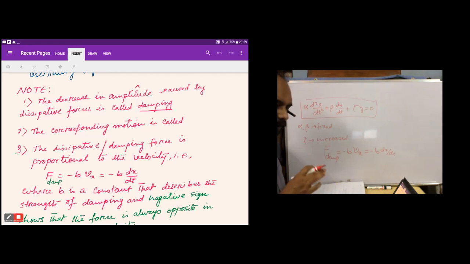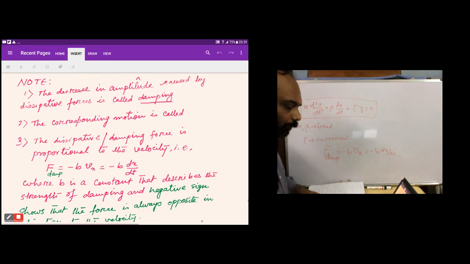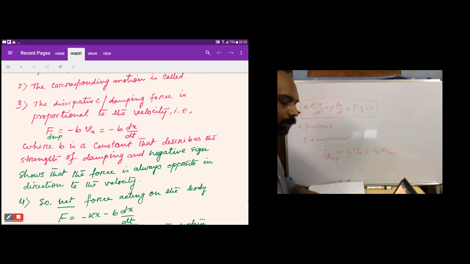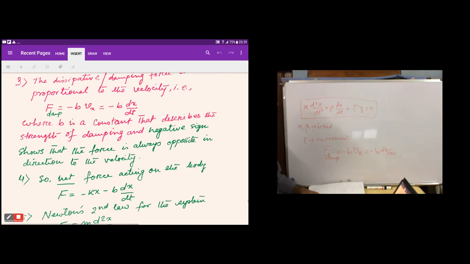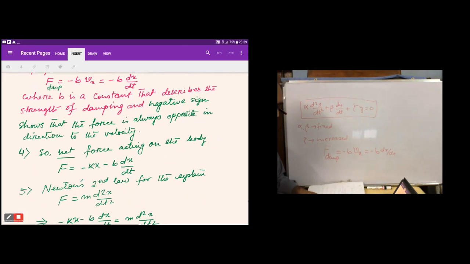Here b is a constant that describes the strength of damping, and the negative sign shows that the force is always opposite in direction to the velocity. That is the case of damping, it is always acting against the motion of the body.